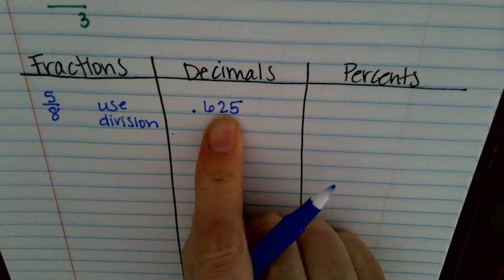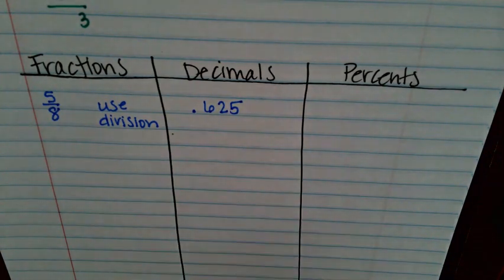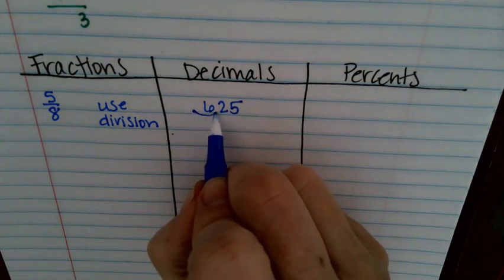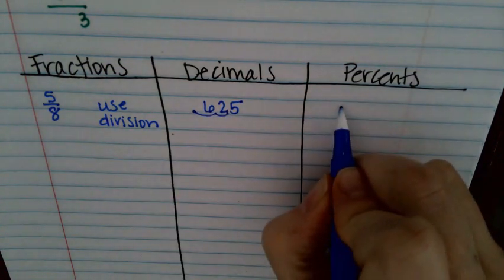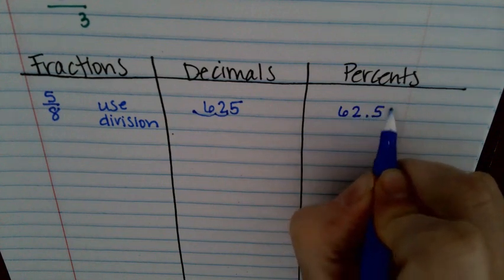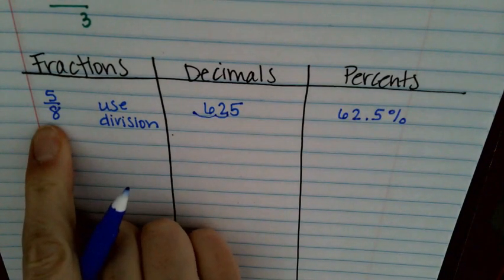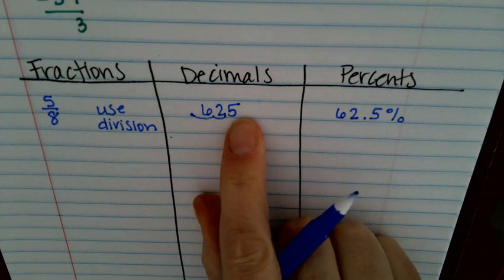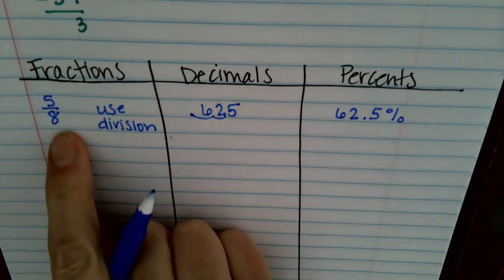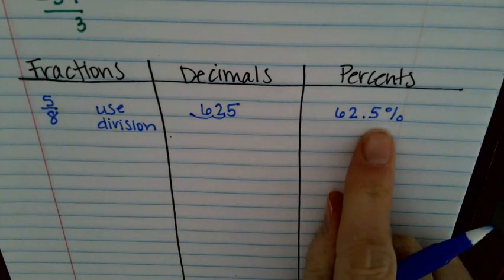You can leave it like this. If you leave it like this and you want to convert it to a percent, you move the decimal over 2 places and you get 62.5%. That means 5/8 is equal to 0.625 or 625 thousandths. 5/8 is equal to 62.5%.